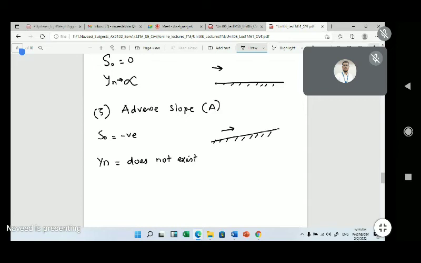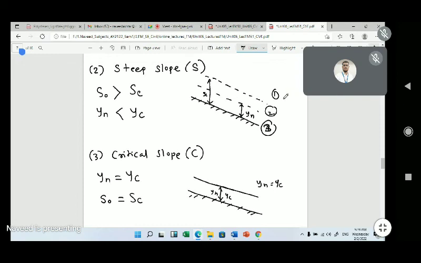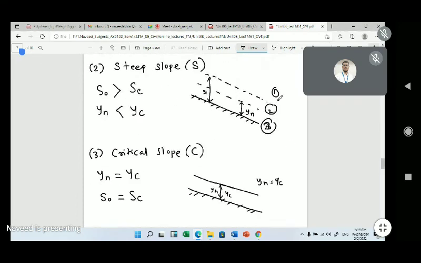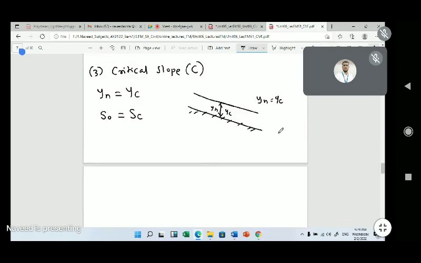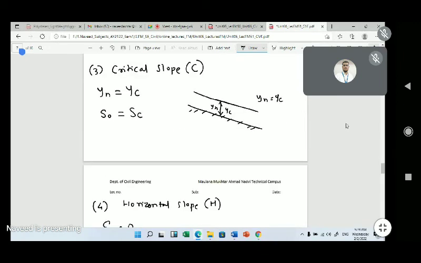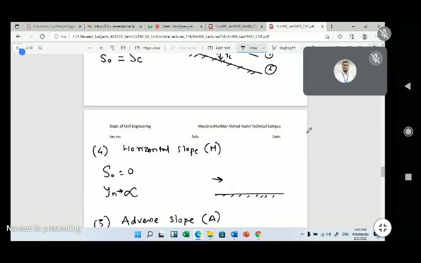Thus we have C, M: C is the critical, M is the mild, S is the steep, H for horizontal, A for adverse type of slopes, and for each type we can introduce zones of the flow such as zone 1, zone 2, zone 3 as shown in the figure. In the figures, here we have zones 1, 2, 3 in steep slope and mild slope. But in case of critical slope, only two zones are there, 1 and 3.